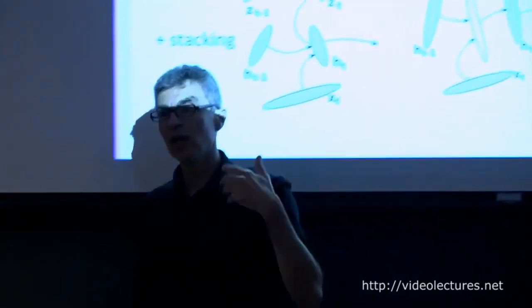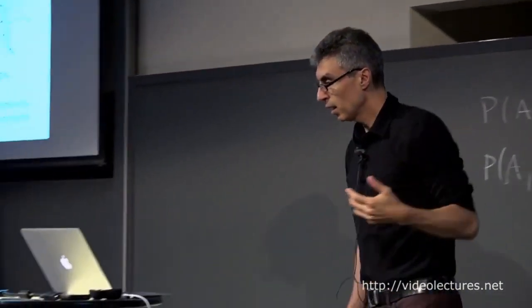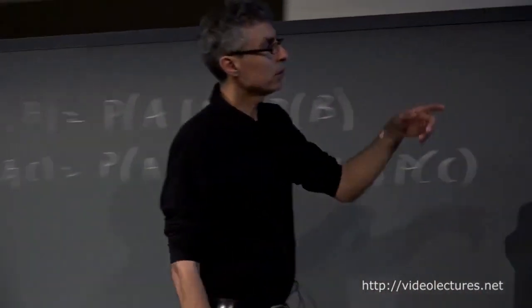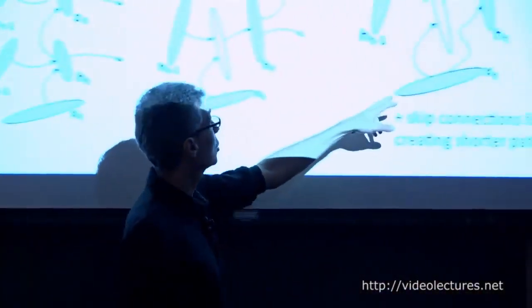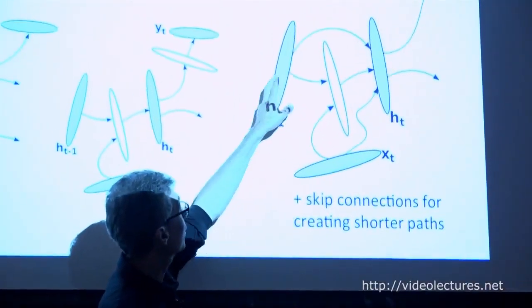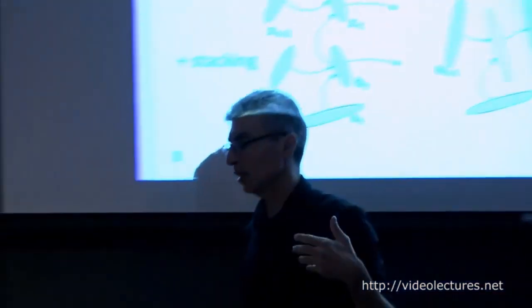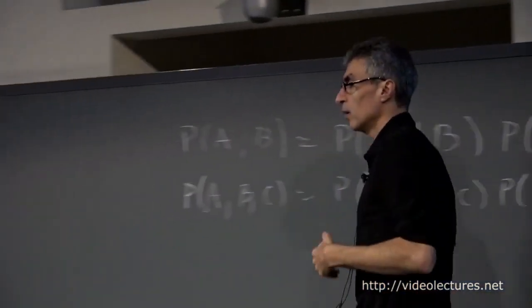And as we'll see, because of this vanishing and exploding gradient problem, it can make training more difficult. And that is why when we wrote this paper, actually, we introduced skip connections, like these connections and these connections, which make sure that there are shorter paths through which the gradient can flow more easily.